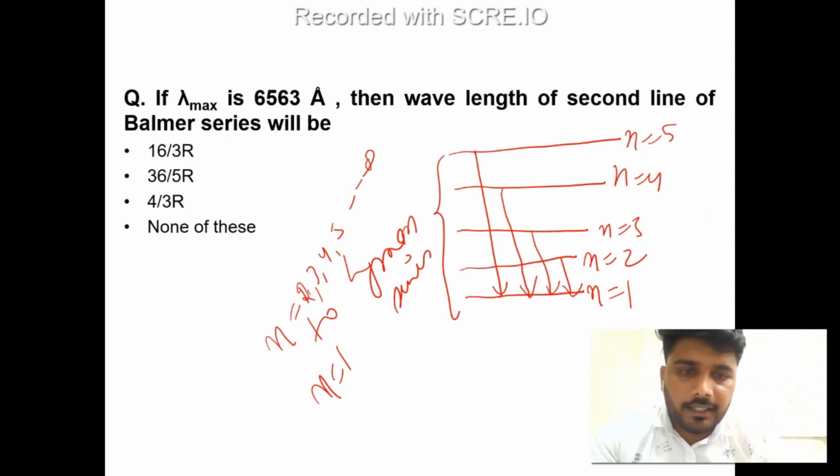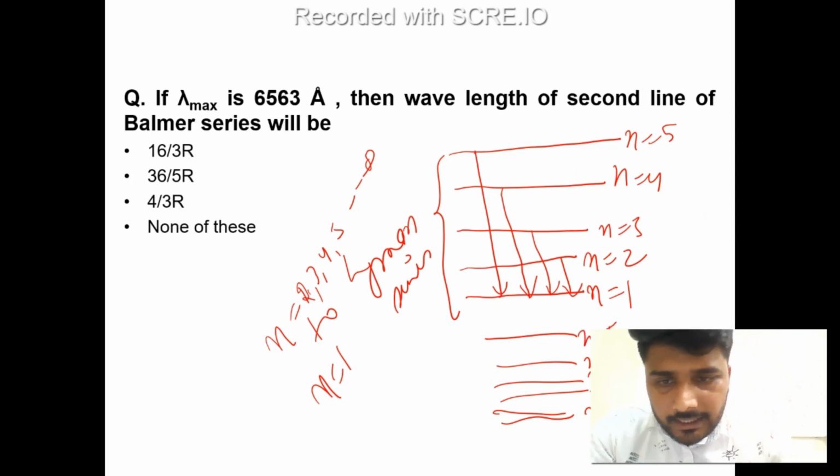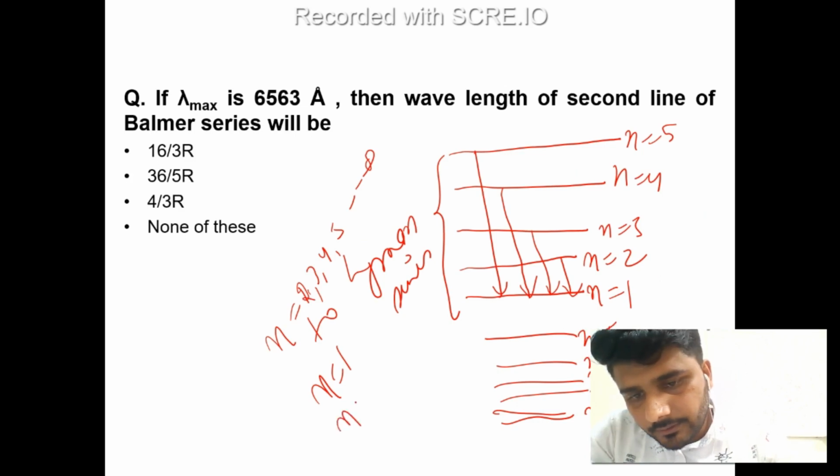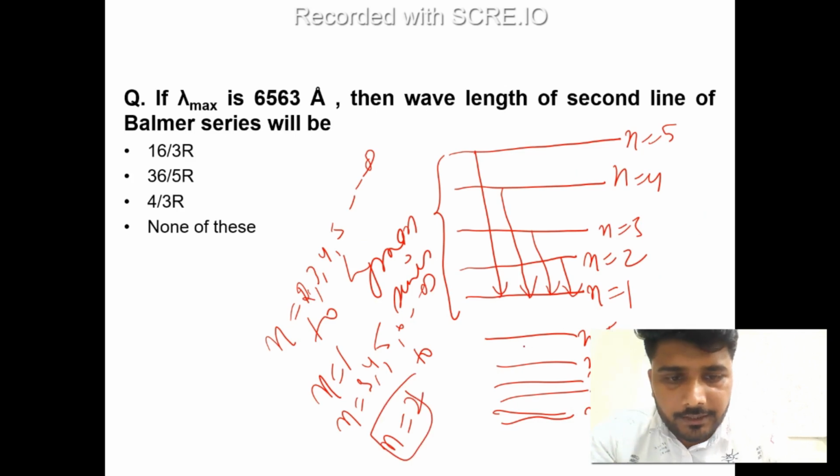Similarly, if you get the transition of the electron from 3, 4, 5, 6 and so on up to infinity to n equal to 2, right?